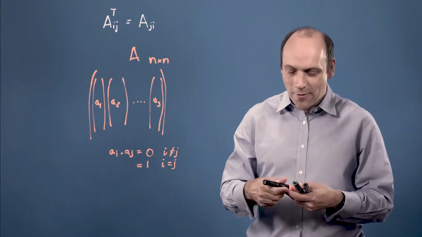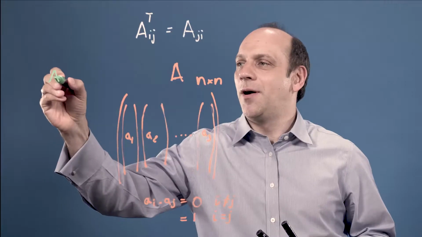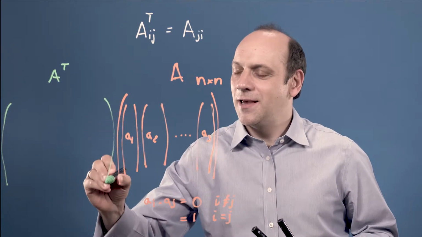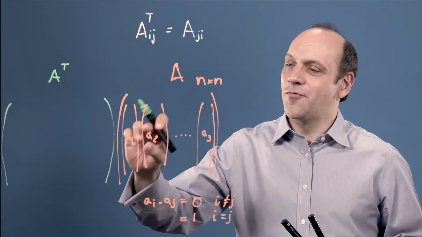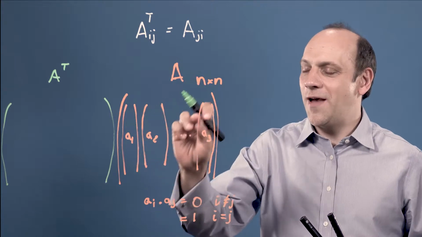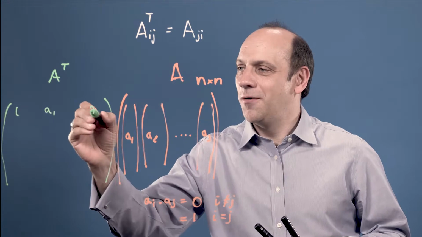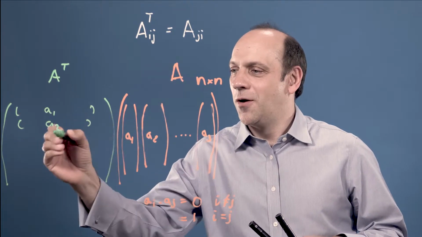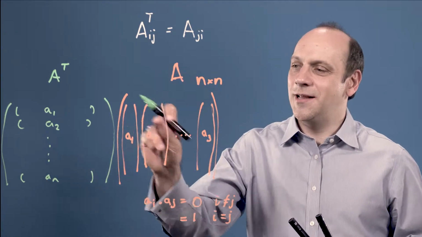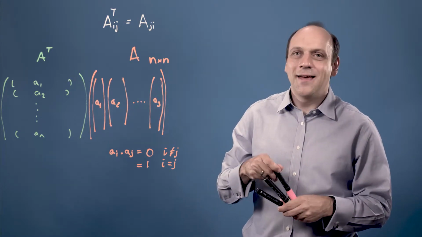Now, let's think about what happens if I multiply this matrix on the left by A transpose. So A transpose is going to be given by just flipping the rows and columns, so all of the elements across the leading diagonal of A. So A1 is going to become a row, A2 is going to become the next row, all the way down to An, because I flip all of the elements across the leading diagonal. So when I multiply A^T by A, let's see what happens.